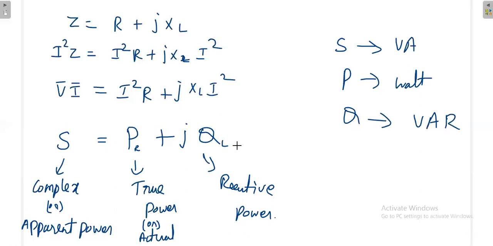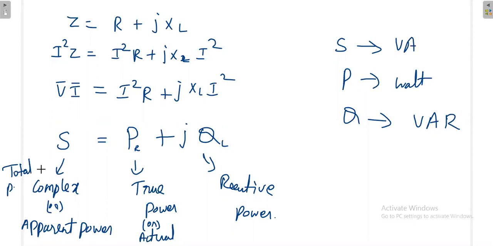So that means if you have 100% complex or apparent power, that will be distributed as true power as well as reactive power. Your power factor tells how much of the total, complex or apparent power is distributed to the true power. The complex power we can also write as total power, but that is apparent.